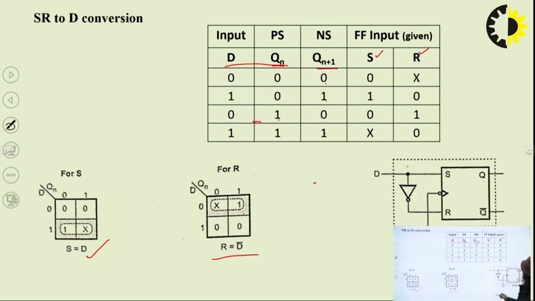Now we connect these two equations. The given flip-flop is SR, so we make the symbol of this SR flip-flop. S is connected to D and R is connected to D bar, and this is the combined logic of SR to D flip-flop.